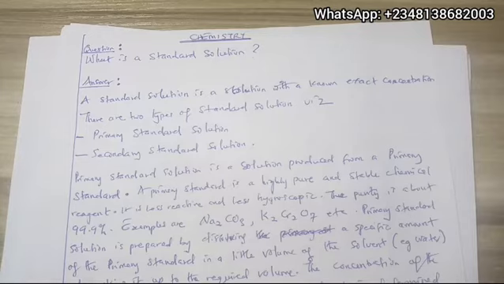If you prepare a solution of a secondary standard, once you standardize it using a primary standard solution, you have produced a secondary standard solution. I repeat, if you prepare a specific volume of a solution and titrate it or standardize it with a primary standard solution, you have produced a secondary standard solution.